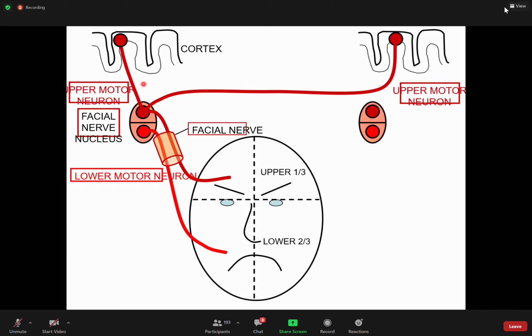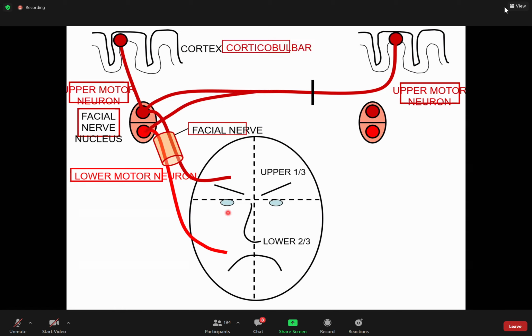So there would be sparing of the forehead in an upper motor neuron facial paralysis. But if you have a lower motor neuron paralysis, then either this nucleus or the facial nerve itself, the complete half side of the face is going to get paralyzed. So this is the difference which you need to understand.